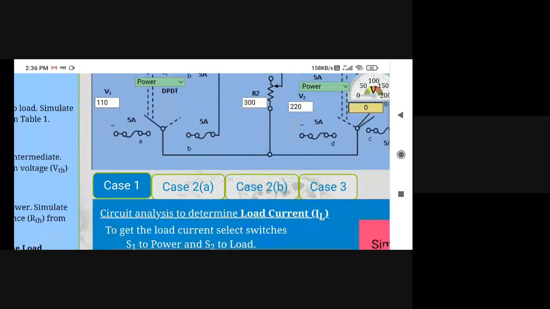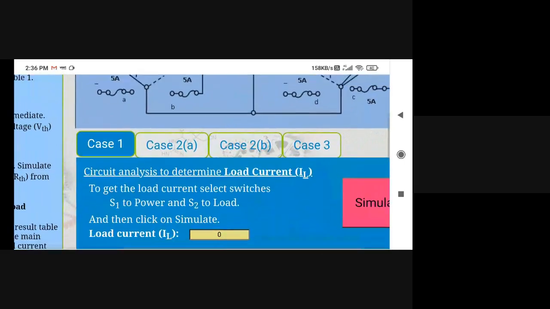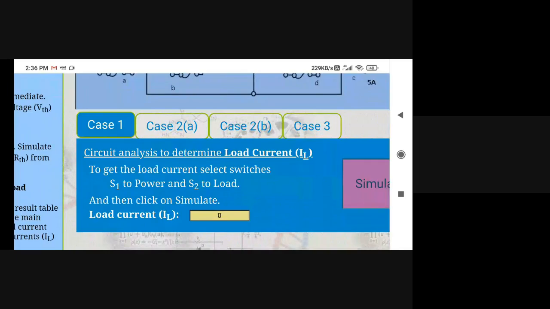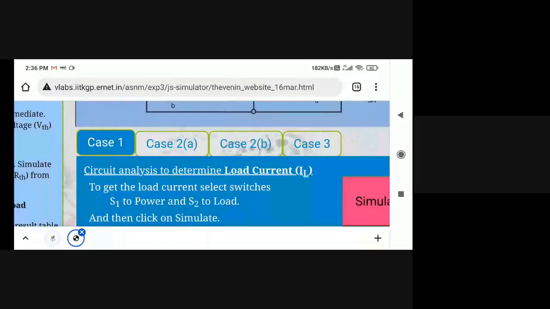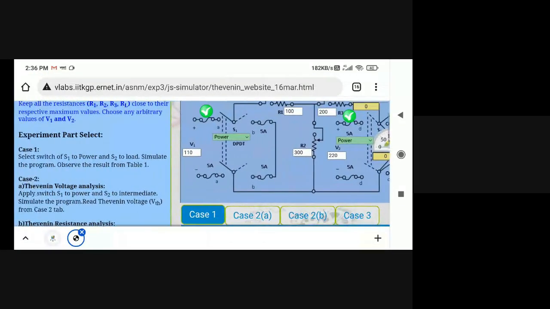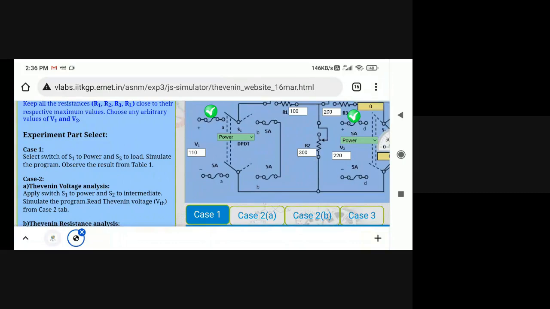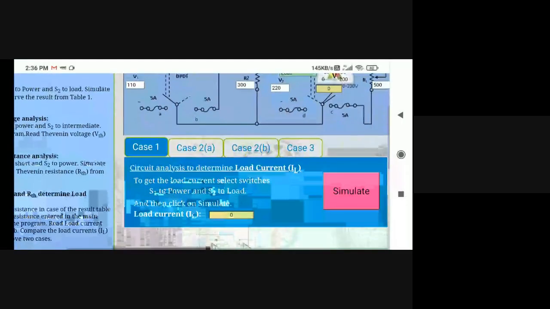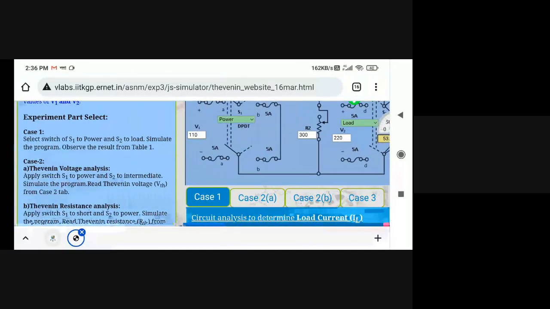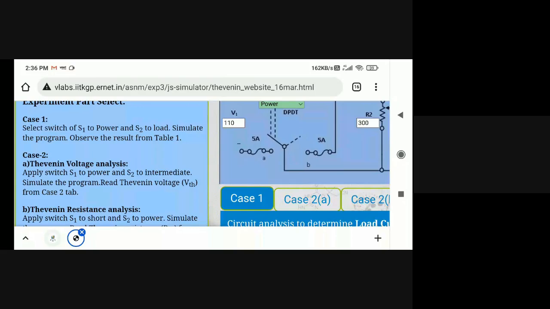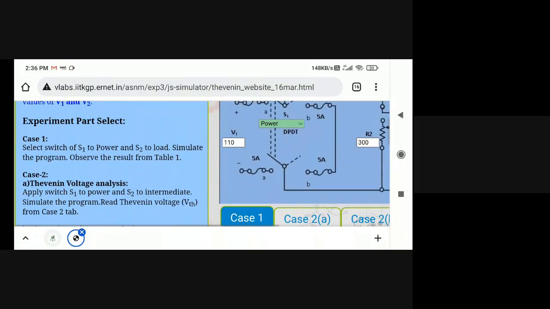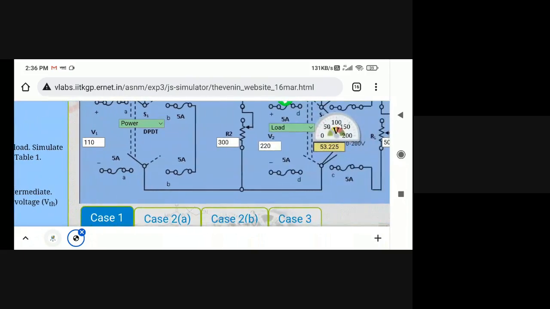Now step 1 is first simulate. First we will see how to calculate Thevenin's voltage source. While calculating Thevenin's voltage source, what do we have to do? We have to keep switch 1 in power and switch 2 in intermediate.